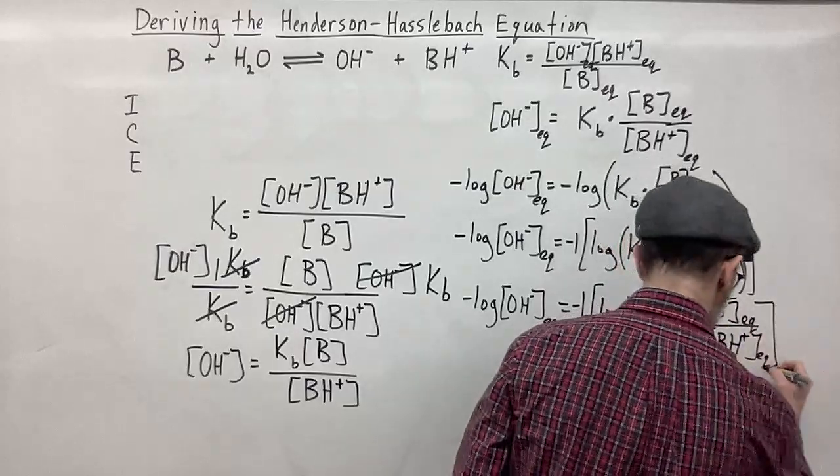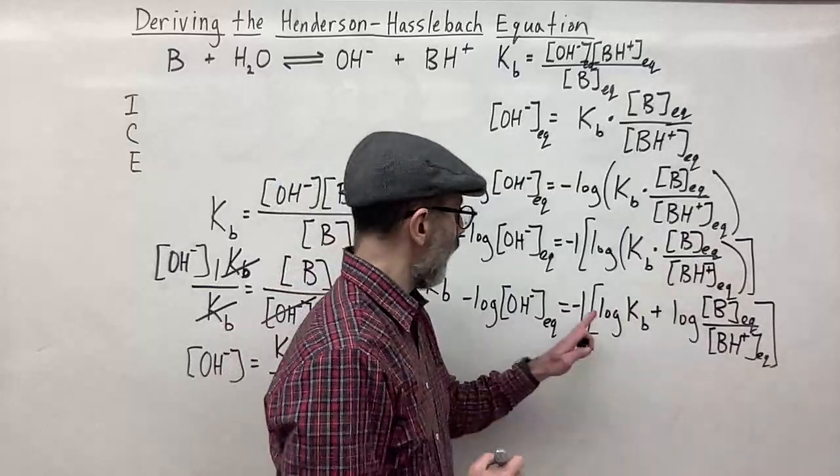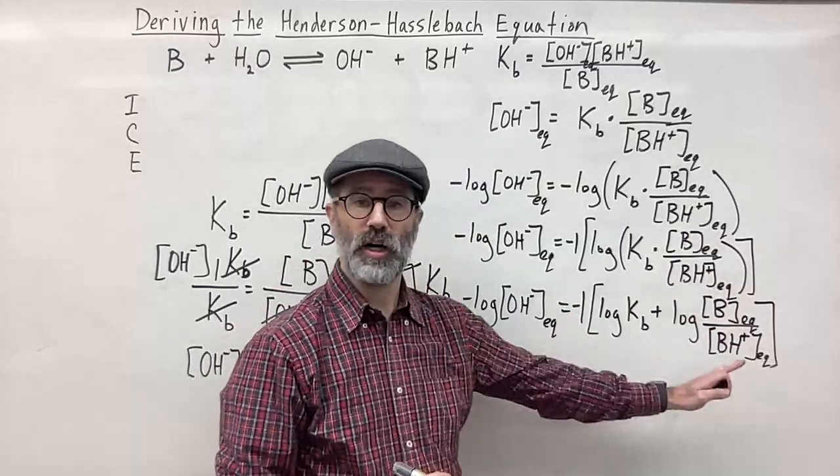And now I can redistribute the negative 1 to both of these.